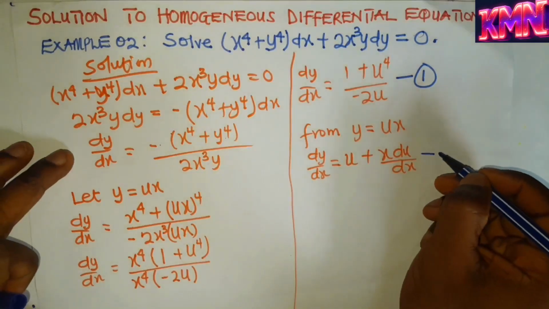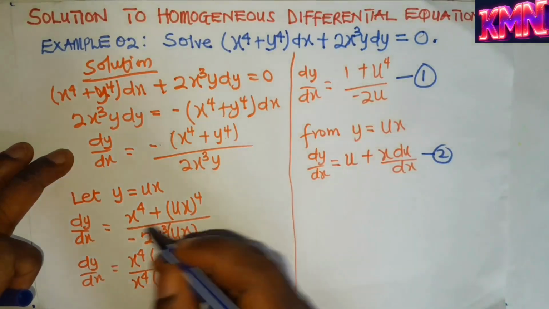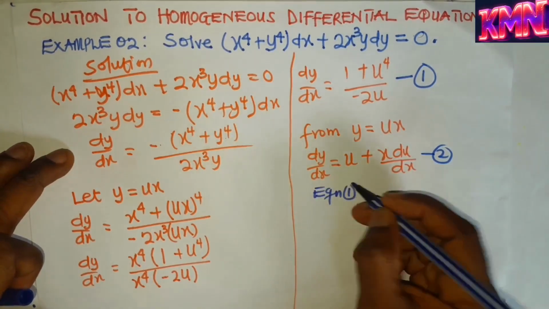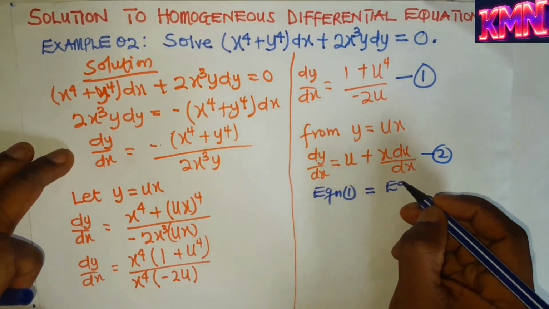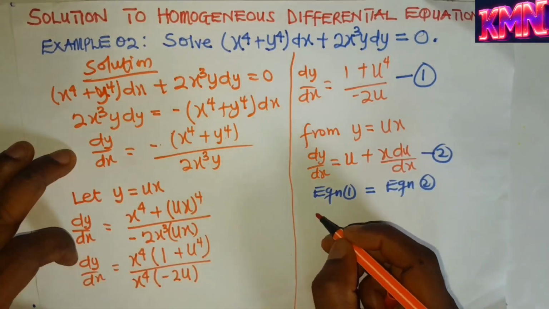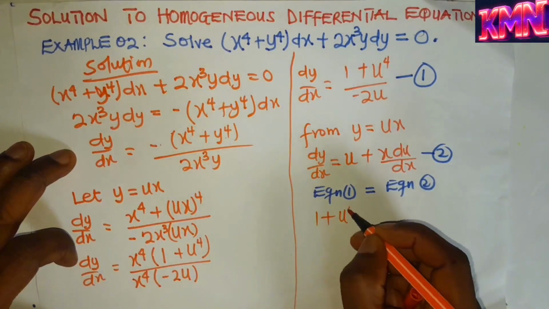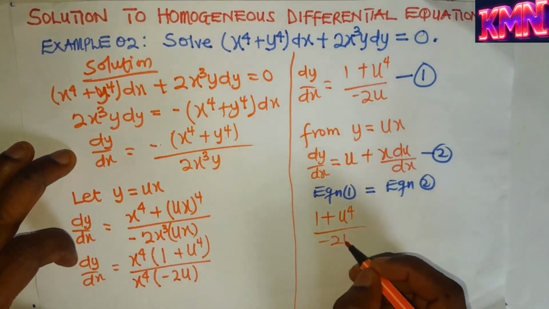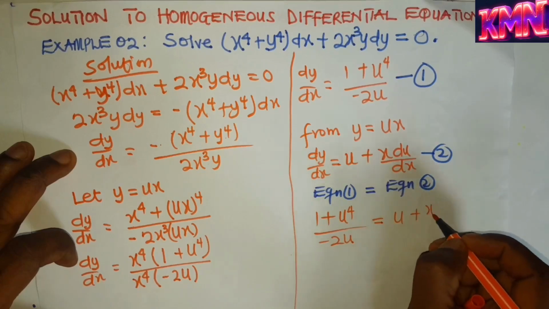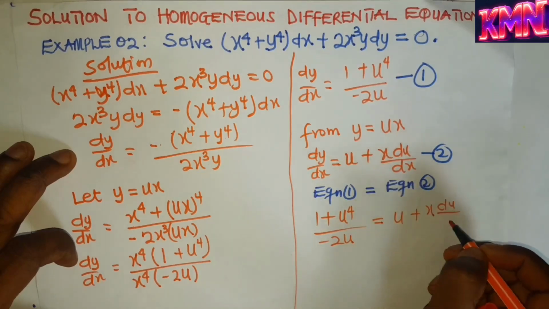Let's label that as equation 2. So you can say that equation 1 equals equation 2, and that gives us (1 + u^4) on negative 2u equals u plus x du/dx.